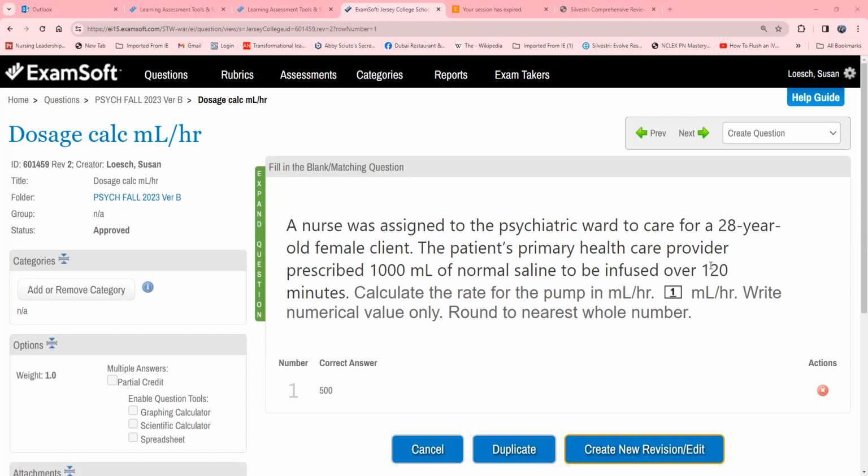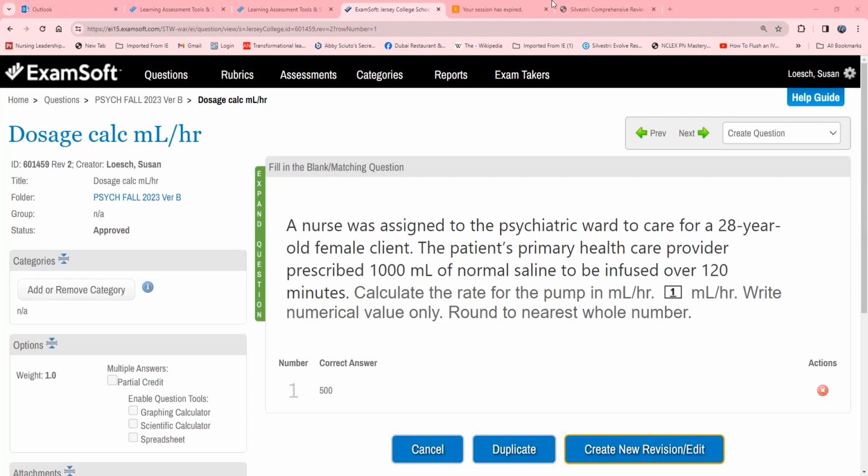So you could have just converted that to 2 hours and took 1,000 and divided it by 2. Or you could have took 1,000 divided it by 120 and multiplied by 60. And what do you get? 500. Same answer, right? Yep. That one was the easier.